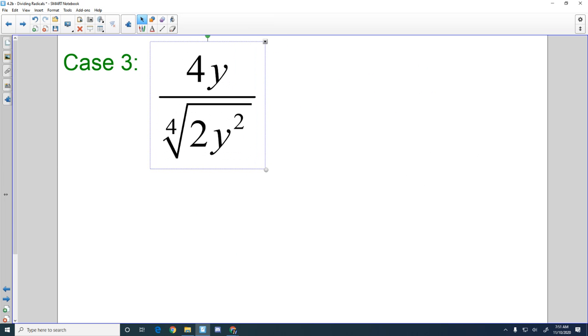All right, so we got 4y divided by the 4th root of 2y squared.